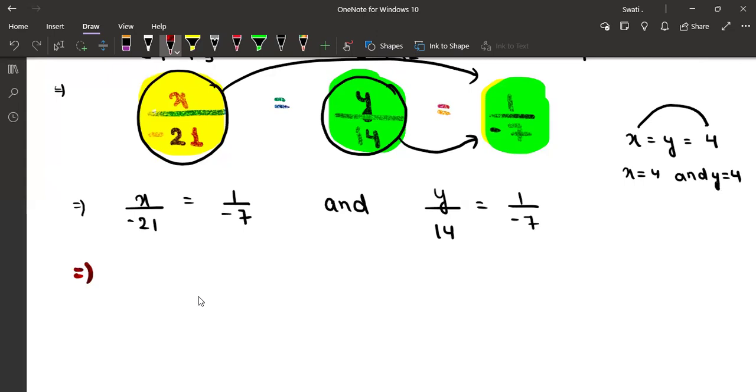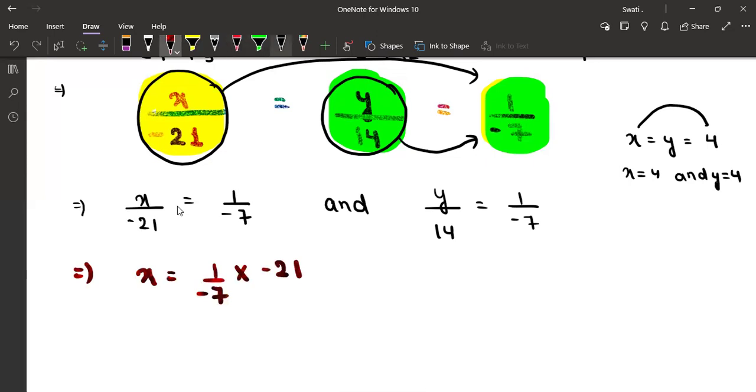That minus sign is present with the 21, but this 21 is getting divided by x, right? So if you shift it to the other side, will it not get multiplied? Are you understanding? So x will be equal to this 1 upon -7 as it is, and then this -21 will get multiplied. Are you understanding, Manya?